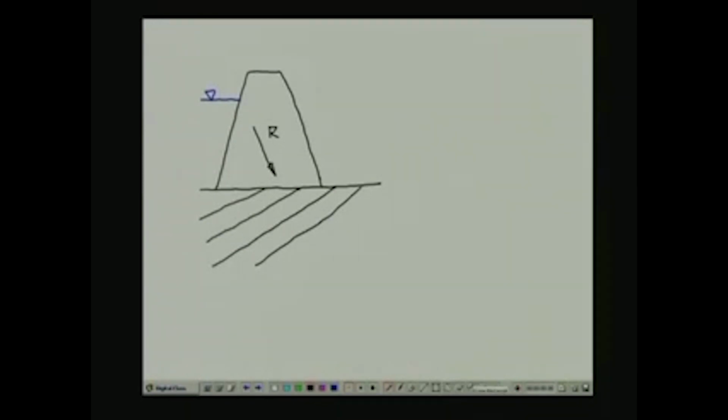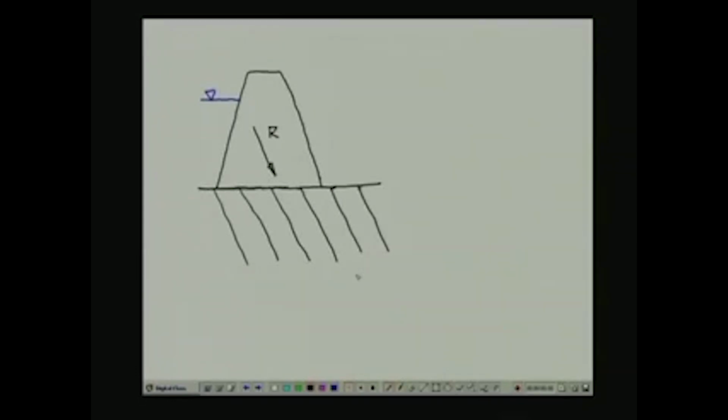On the other hand, if we had the bedding orientations like this, the shear strength available is going to be minimal.